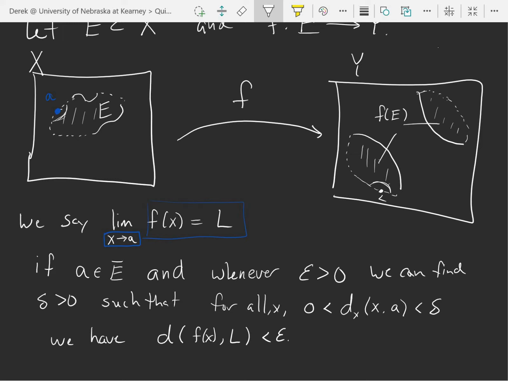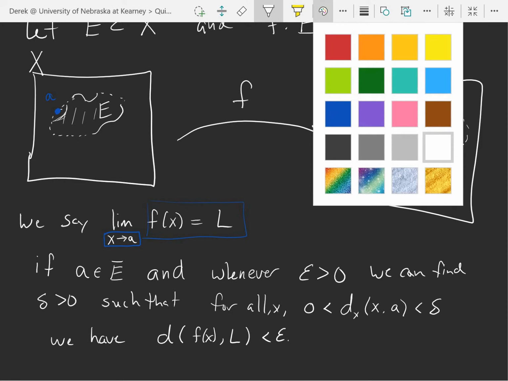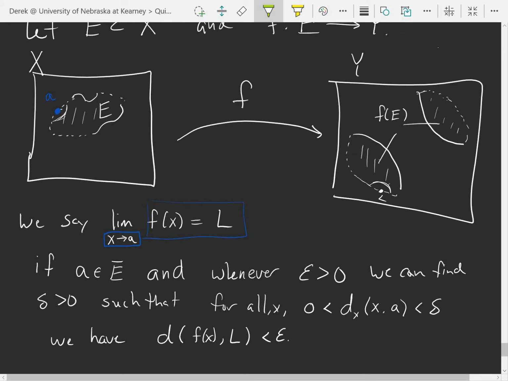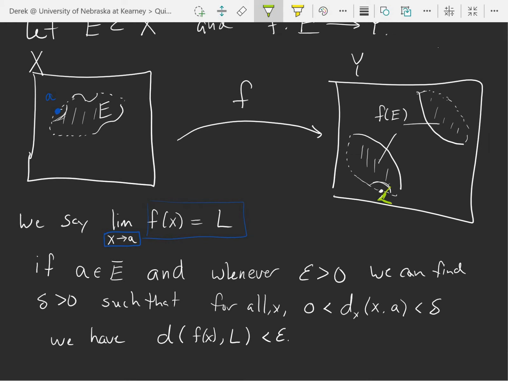Okay, so let's go to our picture again here. Let's make this L green. This point's green. Okay, so what I want to do is go through this. A doesn't necessarily have to be in the domain.